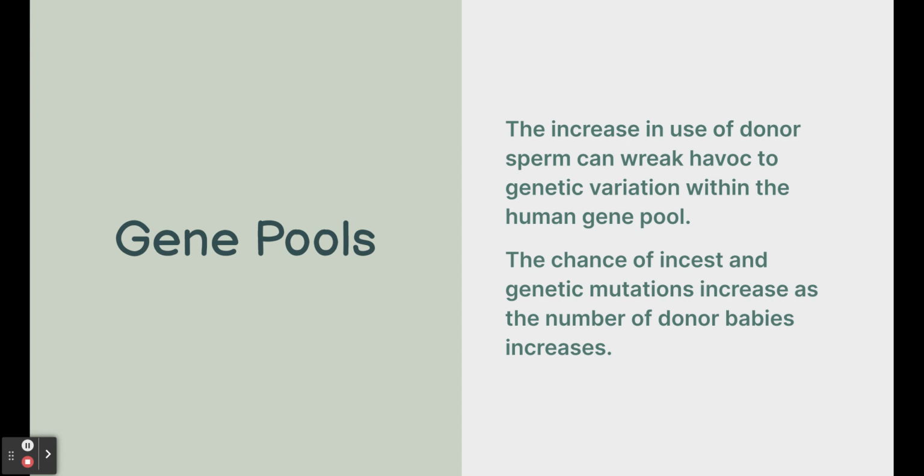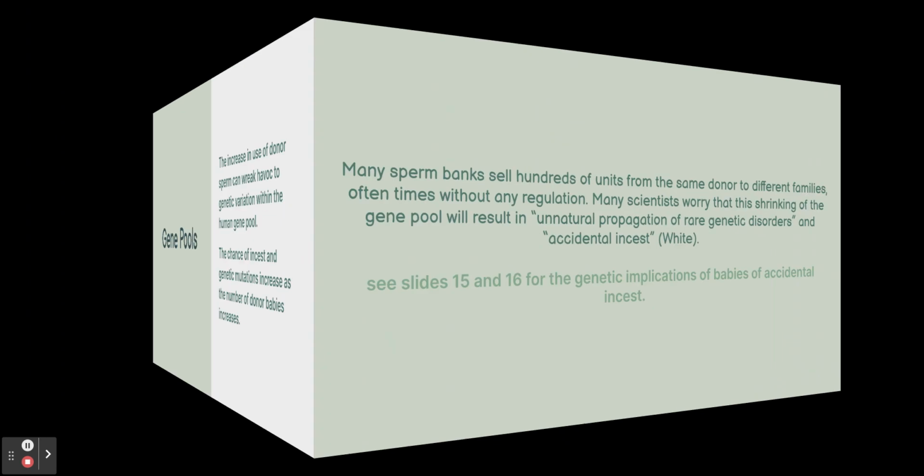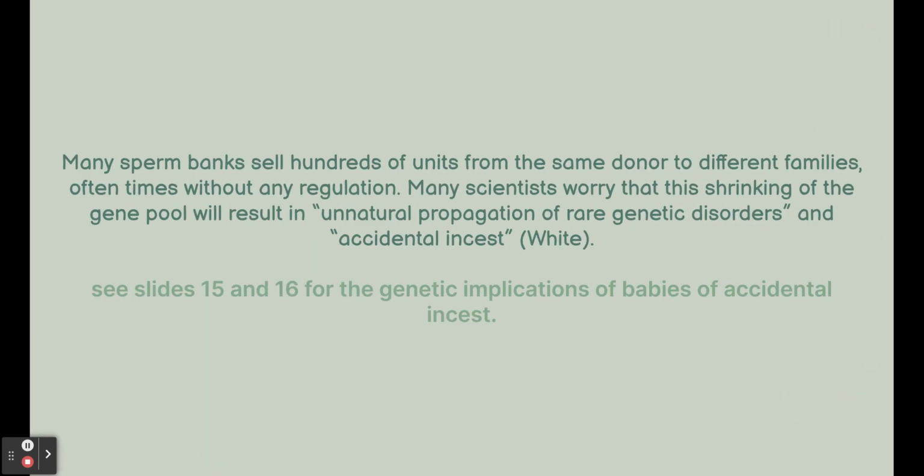So this impacts gene pools, as Claudia already said, but not only does it affect the gene pool, it can really hurt the people because of that. This is because of a kind of accident or mistake, just a little oopsie by the sperm banks, because many sperm banks sell hundreds and hundreds of units from the same donor to different families, and they don't regulate it, they don't track where the babies go or if it was successful.